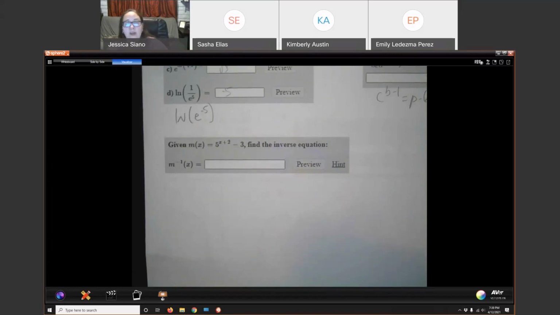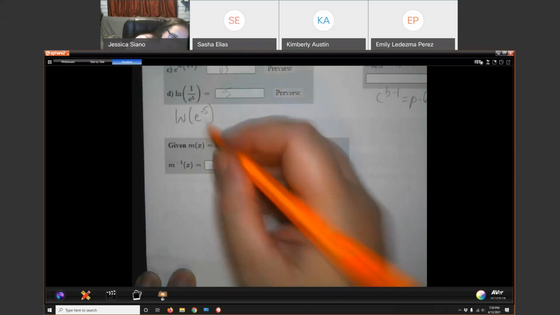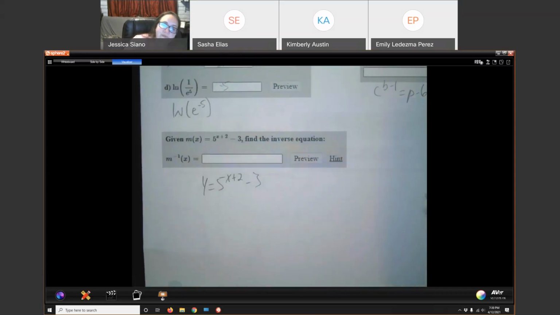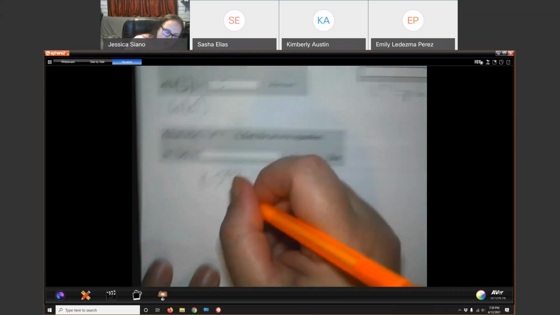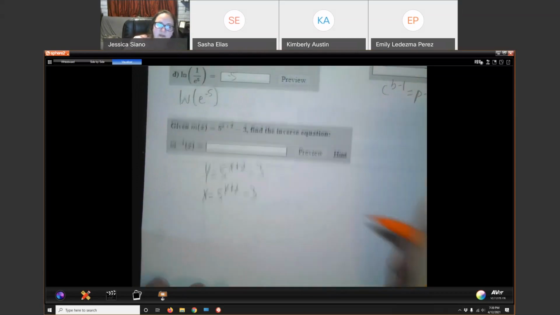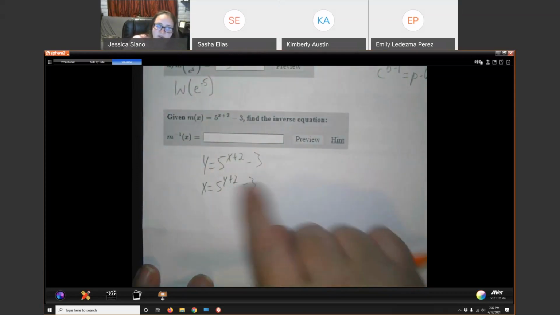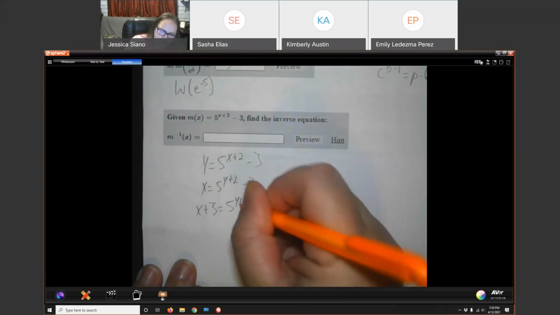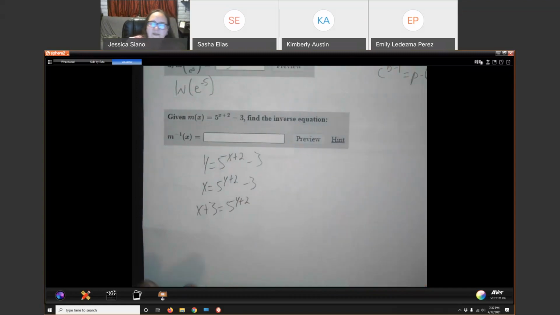All right. Now, when you are trying to find the inverse of any function, it's 3 steps. Your first step is to change f of x to y. And then swap the places of your x and your y. And then solve for y. So the first thing I'm going to do is add this 3 over. Now, at this point, in order to get the y by itself, I'm going to have to take the log.